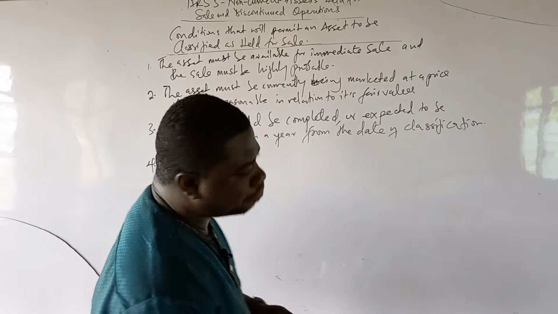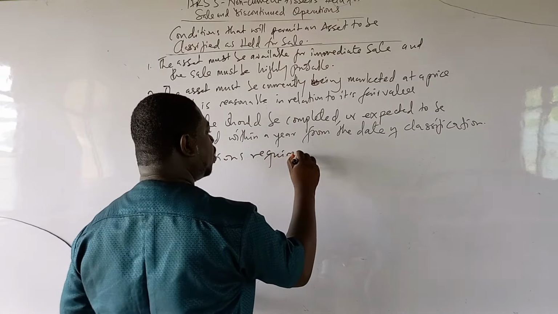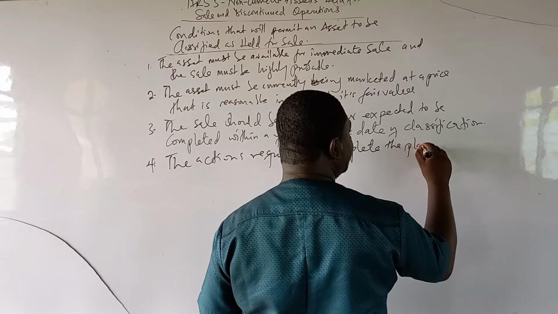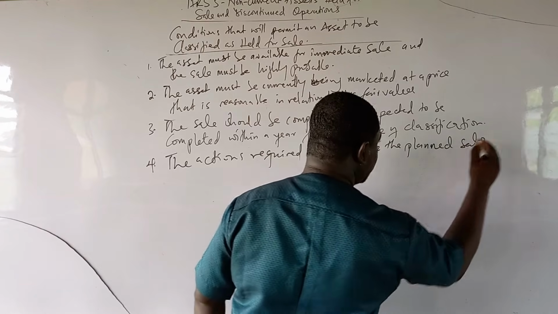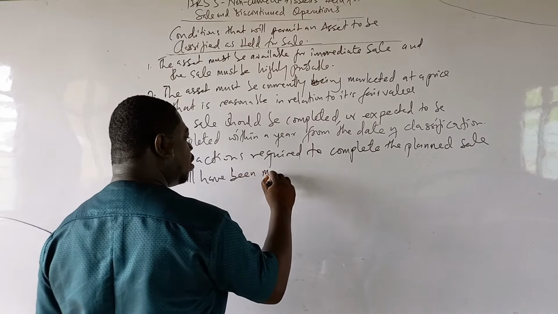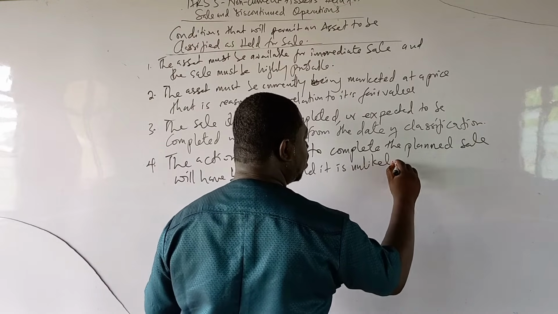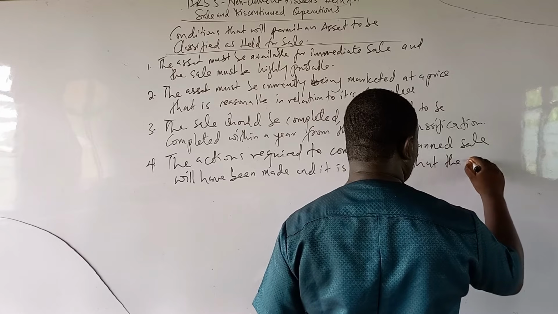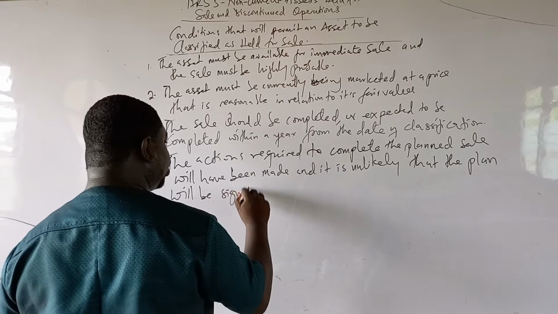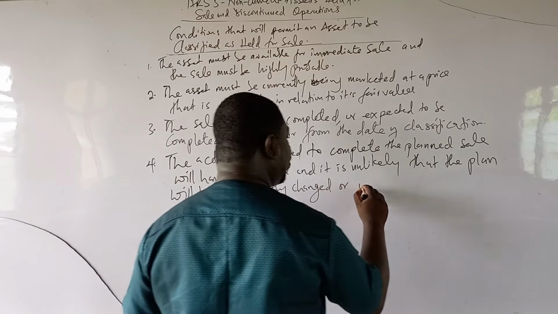So let me write it down. The actions required to complete the planned sale will have been made, and it is unlikely that the plan will be significantly changed or withdrawn.